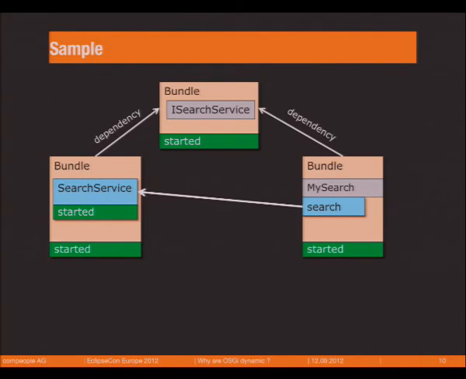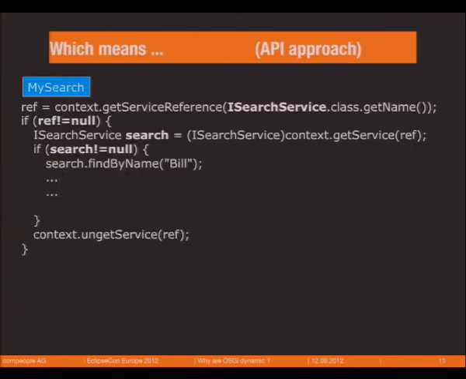So this is a sample I'm going to go through with certain implementations of how to do that. I have a search service, a service that can search for data, and I have a search component that could be an RCP view or something that likes to use this service implementation. I'm going to show you how to do that in an API approach. In an API, you first ask the service registry, can you give me a service reference to that service?